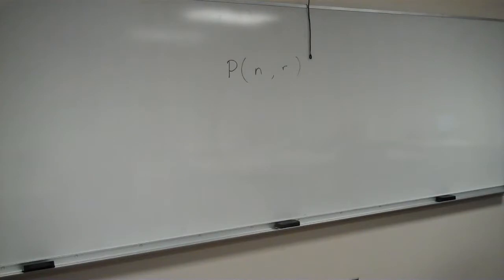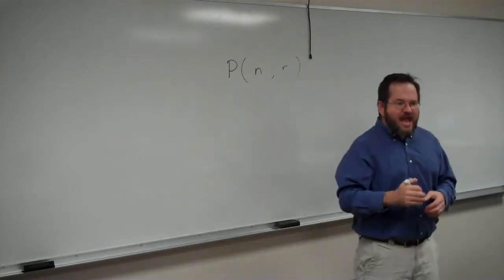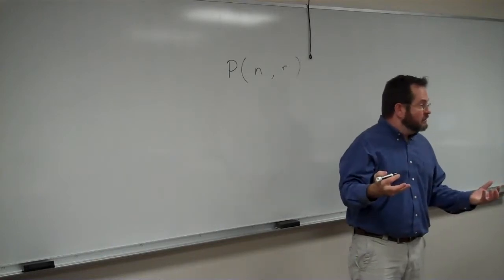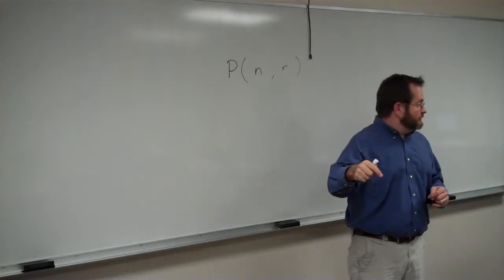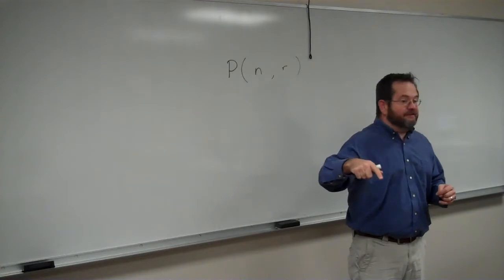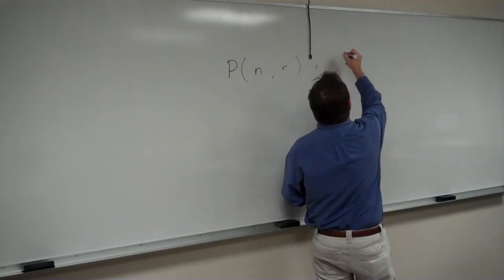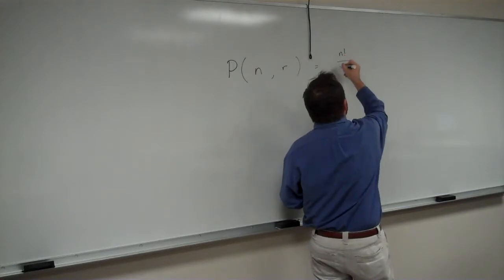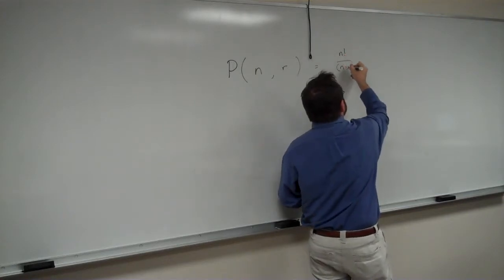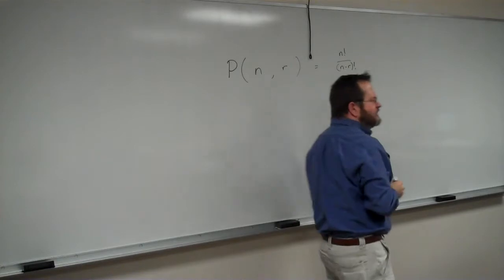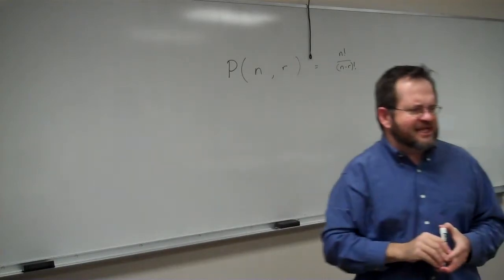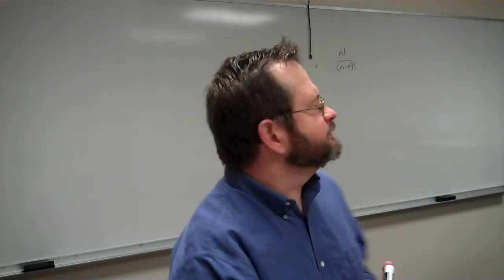Often n and r are the same number. Like I have 1, 2, 3, 4, 5 students in the room today, and I'm going to select all 5. How many different orders of the 5 students could there be? And remember, the formula for it was just n factorial over the quantity n minus r, factorial. That was permutations, right? Okay.